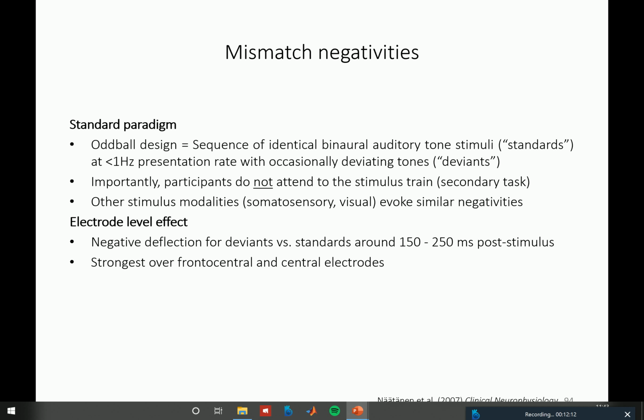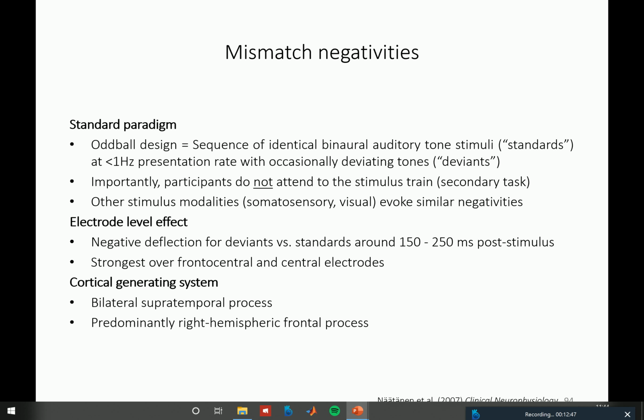When we do mismatch negativity studies in the somatosensory domain, using, for example, only one-sided, so for example left median nerve stimulation, then actually these mismatch negativities also get lateralized. But the typical thing that you will find in reviews or papers about mismatch negativities is that they have been evoked by binaural, so auditory stimulation to both ears, and hence the negativity is central.